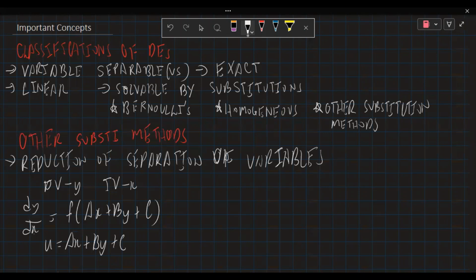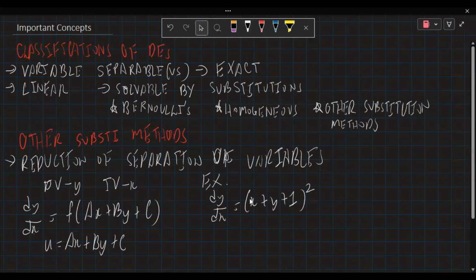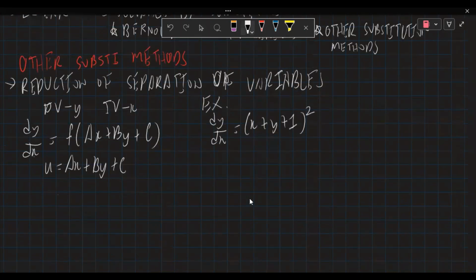Let's have an example, which is dy over dx equals x plus y plus 1. A simple example. So this is a function of x plus y plus 1, and we can substitute it to any letter. In this case, it is u. And then we differentiate all of it, so this becomes du over dx.